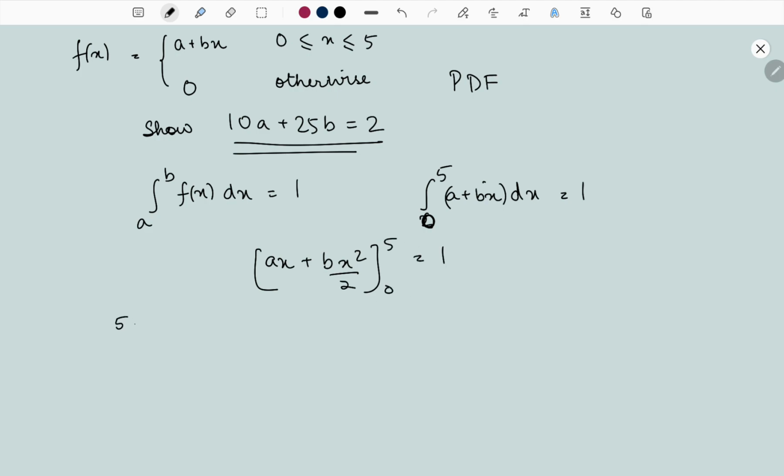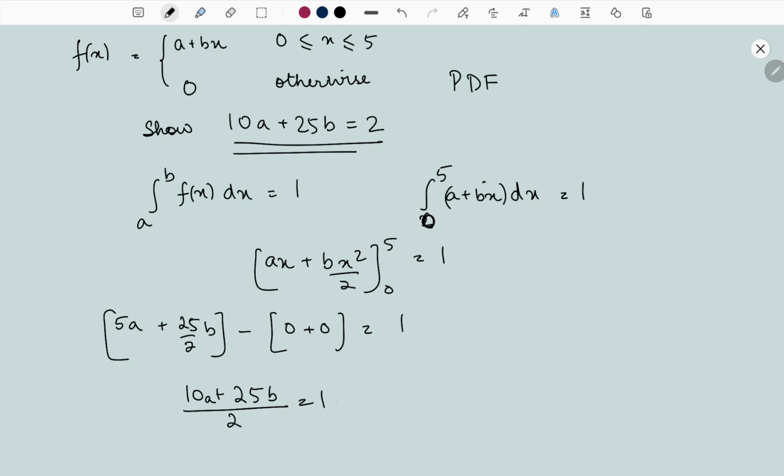Put the values. 5a plus 25 by 2 b minus 0 plus 0 equals 1. We get 10a plus 25b by 2 equals 1, or 10a plus 25b equals 2. Proved.